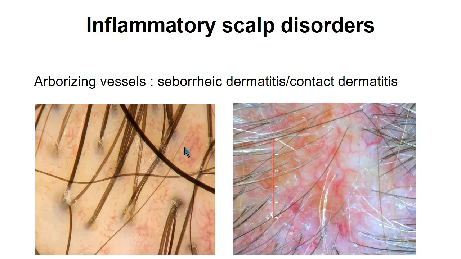These are also seen in the normal scalp, because the arborizing vessels are the deep plexus, but in inflammatory scalp disorders, you see an increased number of these arborizing vessels. So we don't have a way to distinguish seborrheic dermatitis from contact dermatitis with dermoscopy.